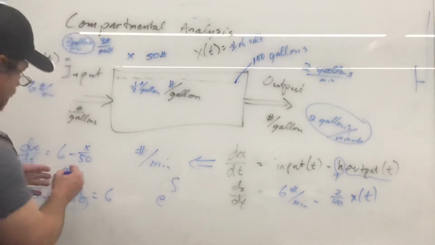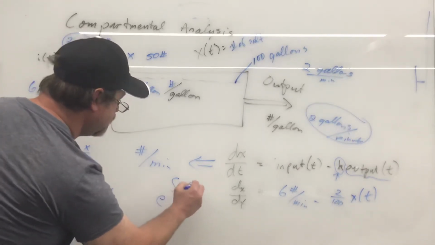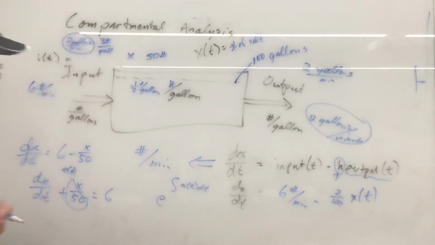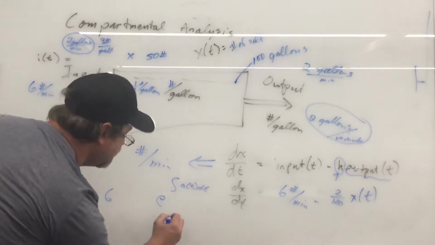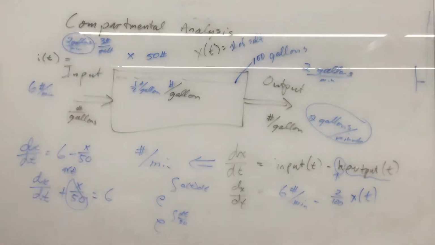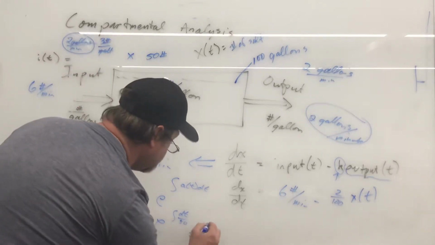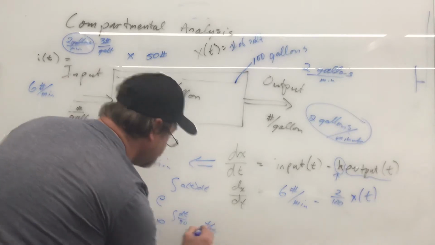And so e to the integral of a of t dt is our integrating factor. In our particular case here, that's just e to the integral of dt over 50. So I integrate that, I get e to the t over 50. That's our integrating factor.